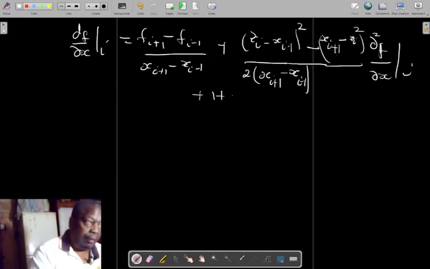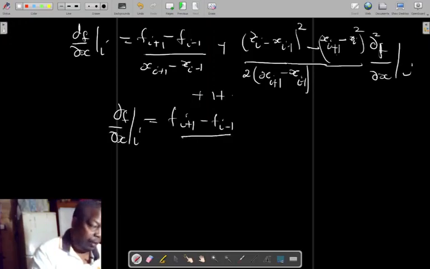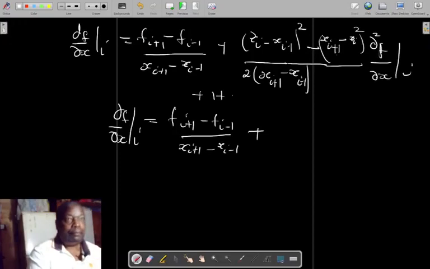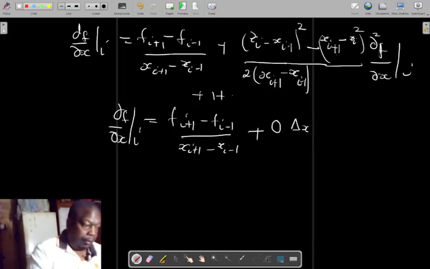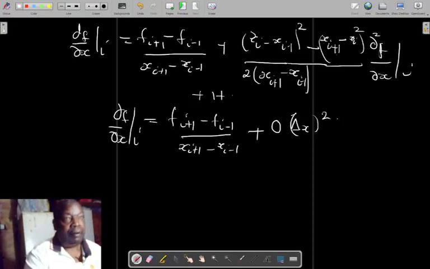So again, this can be written as df by dx at i is (f_{i+1} - f_{i-1}) over (x_{i+1} - x_{i-1}) plus O(delta x), and this time it will be delta x squared that takes care of the second derivative part and higher derivative parts.